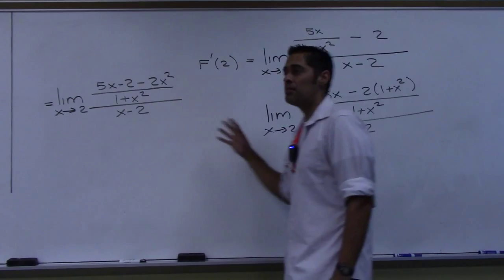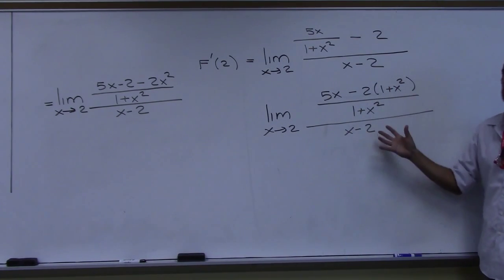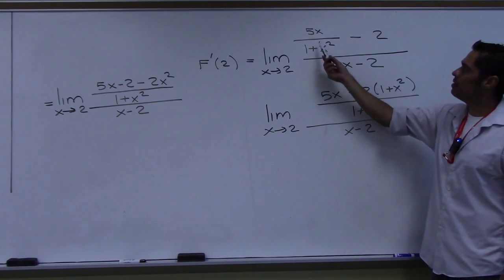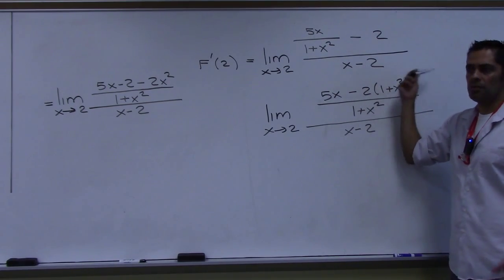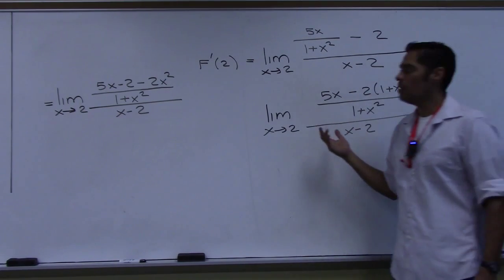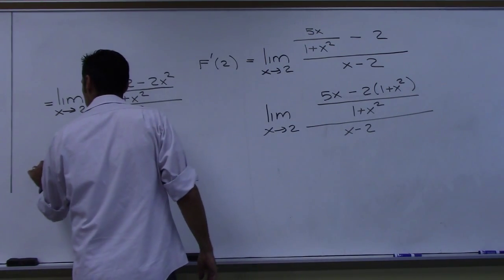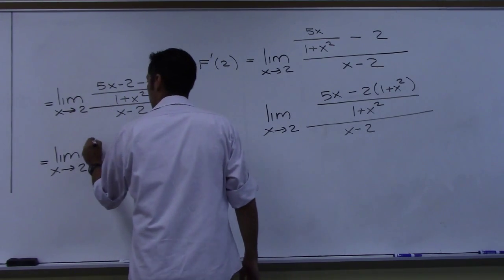We should be getting 0 over 0 here. If you were to plug in 2, we should get 0 over 0. You can probably tell right here. Plug in 2 here, we already know that that's 2. 2 minus 2 is 0, and then 2 minus 2 is 0. So we know we're getting 0 over 0. So I'm going to have to get this x minus 2 to cancel. How about we factor out that numerator? Here's the way I'm going to do it.